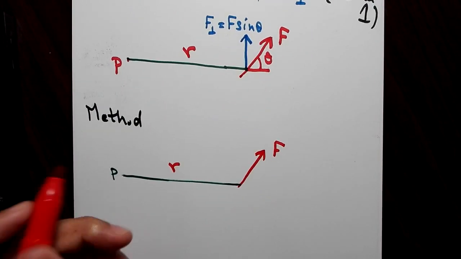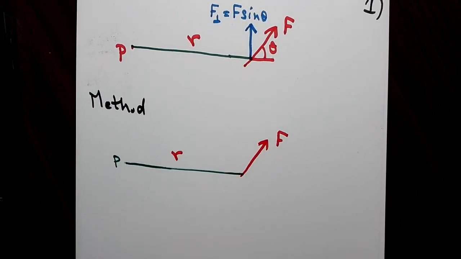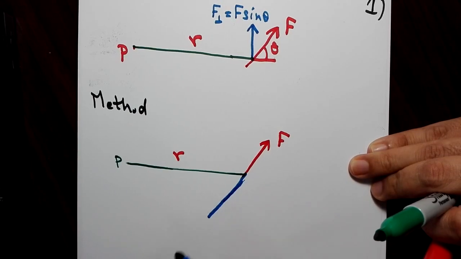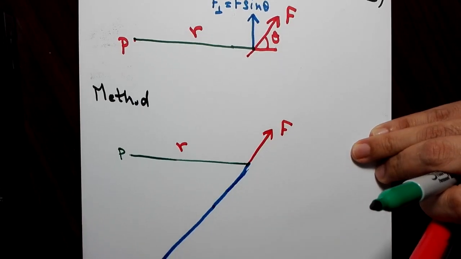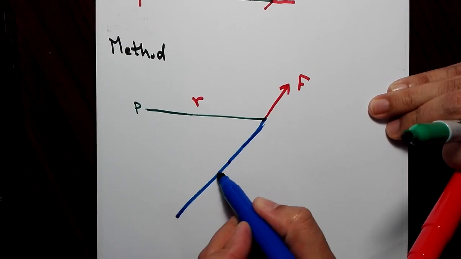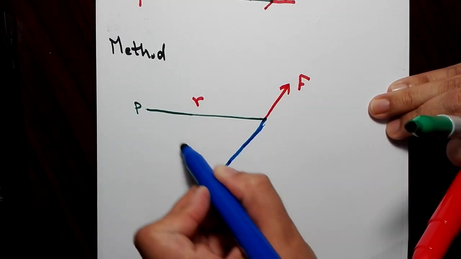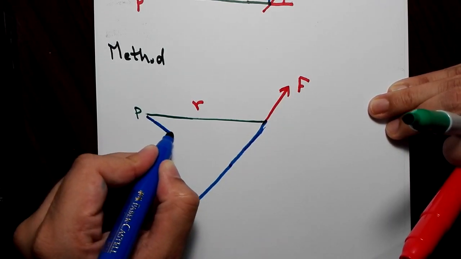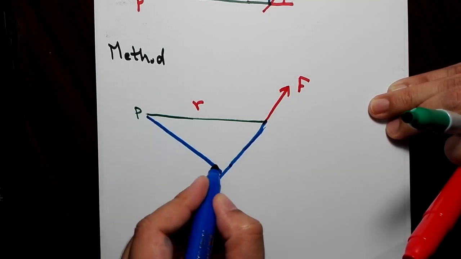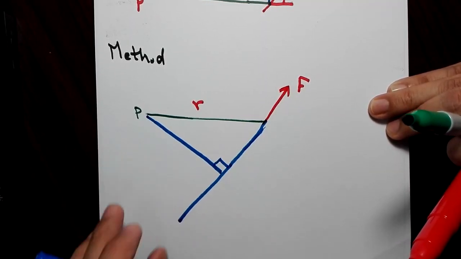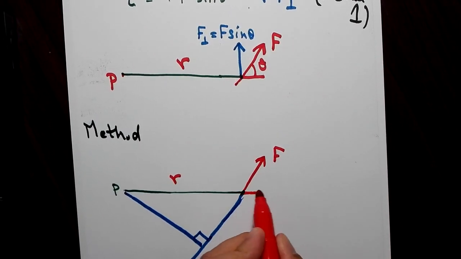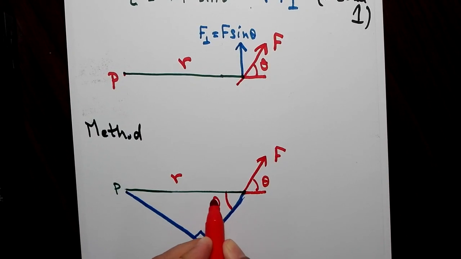Now in this method, I'm going to extend the line of action of the force, extend this line, and draw a perpendicular from this line to the pivot point, because I want to make this a right triangle. This is 90 degrees. This angle is theta, so this is going to be theta as well from geometry.